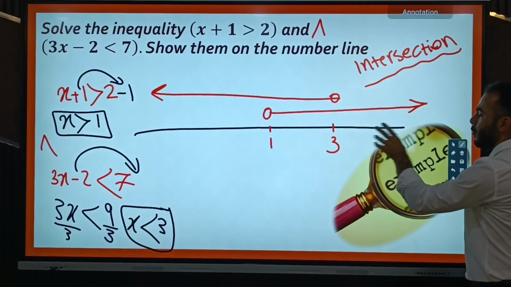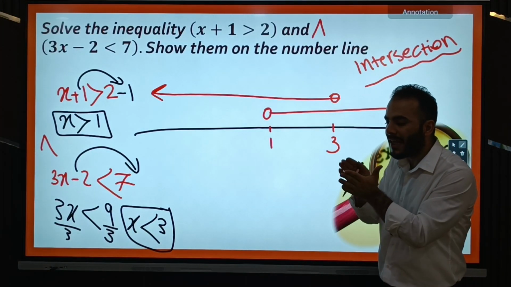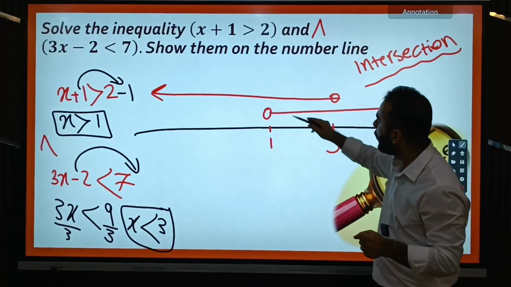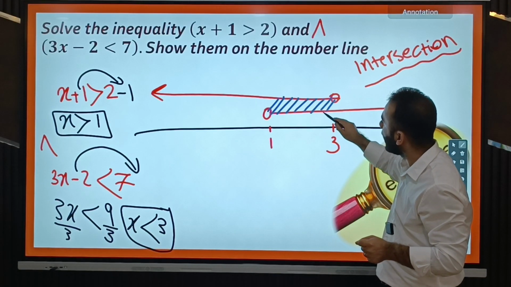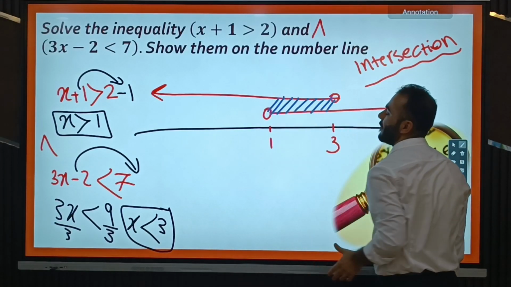You see, these are the two solutions. Right now, the intersection part means the part where both of them are over each other. So we call that part the intersection part.